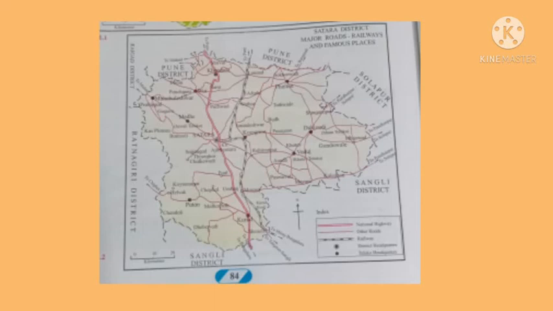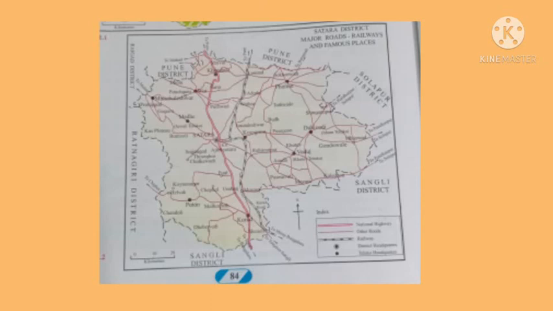You may have noticed that a national highway and a railway route pass through this part of the district. There are many road networks connecting the highway. You will realize that the physiography, that is hills, valleys, rivers, etc., of a region affects its transport route.